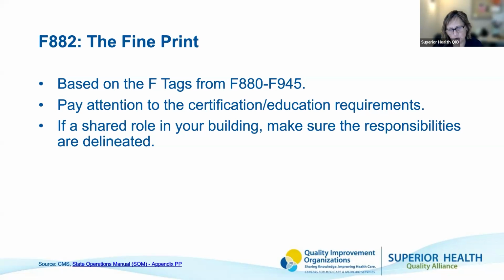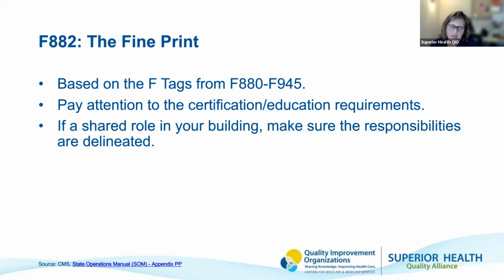And the reason for that is twofold. One, if somebody changes or leaves, you have to delegate that to somebody new, correct? Or if something happens and you need to change some of those responsibilities, or it becomes too big and you need to give them to somebody else, you know that something's not going to be missed. You're able to split that up. At the bottom of this is the SOM, that is the Appendix PP.